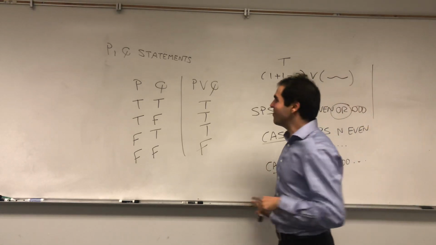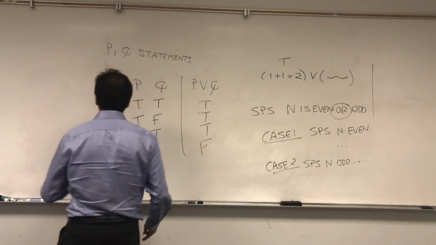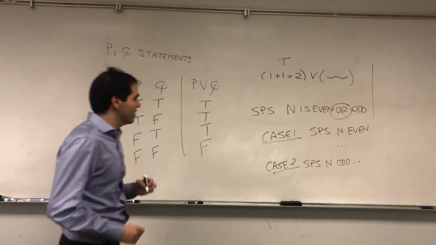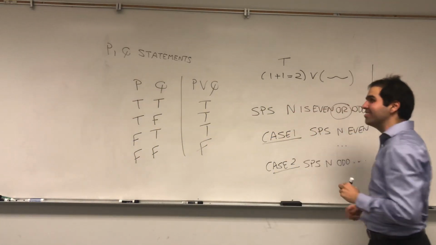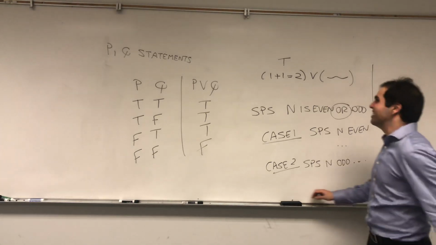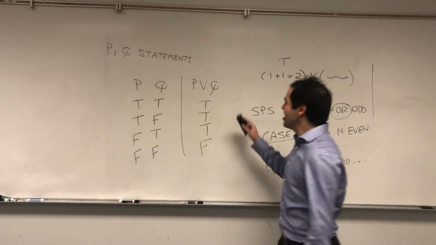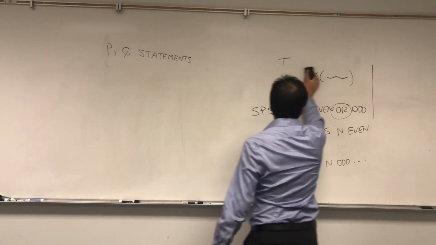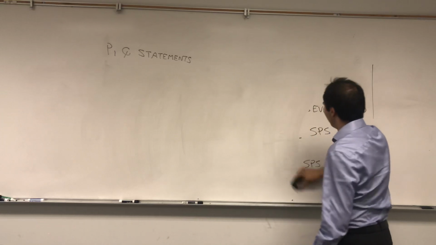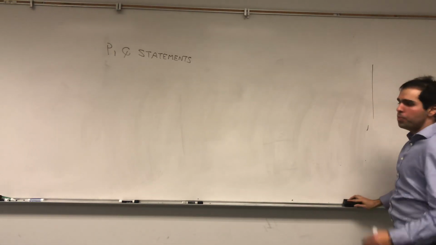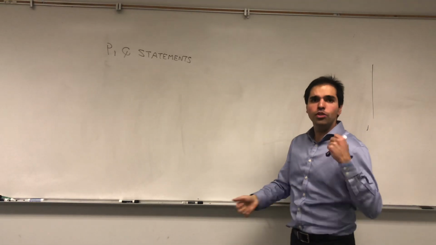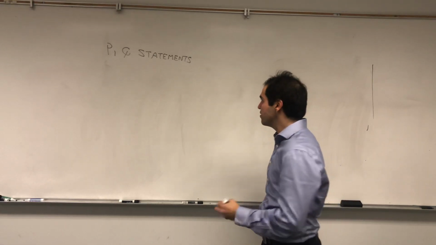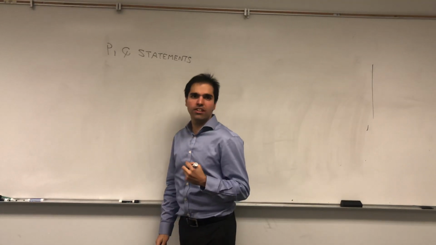Last but not least, something quite fun. Oh no, never mind. We'll do it at the end. I forgot, because we need to introduce the term not, which is Borat's favorite connective. That was interesting because before we had P or Q, P and Q, stuff that depends on two things, what's called a binary connective.